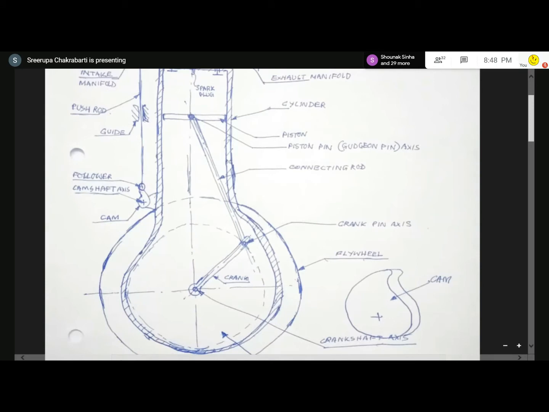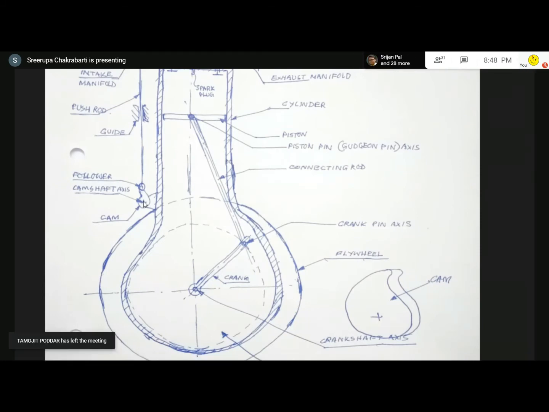Suppose 8 cylinders, 8 pistons, 8 connecting rods, 8 cranks connected to the single crankshaft. And from that crankshaft, power comes to a particular camshaft. There is only one camshaft. On that camshaft, cams are situated and they are rotating, they are getting their signal from the crankshaft.